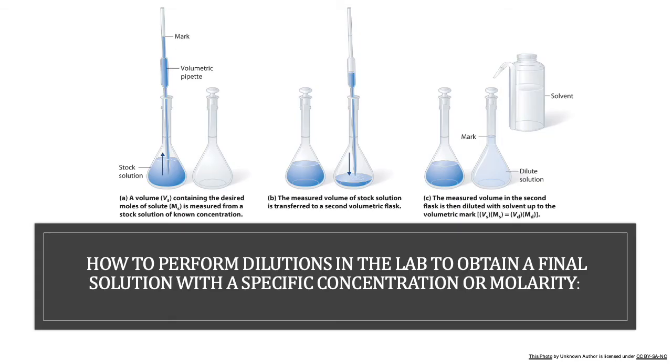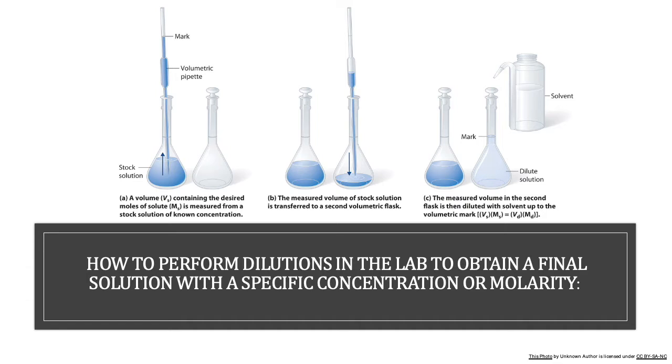If we were going to perform a dilution in lab, we would use volumetric flasks because they're calibrated to be very accurate for the volume they measure. We would take an amount of stock solution that we have calculated so that we know exactly how much solute we have, and add that into a clean, empty volumetric flask.